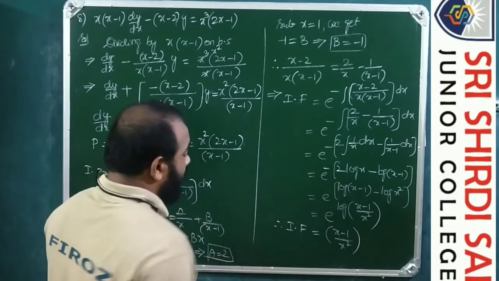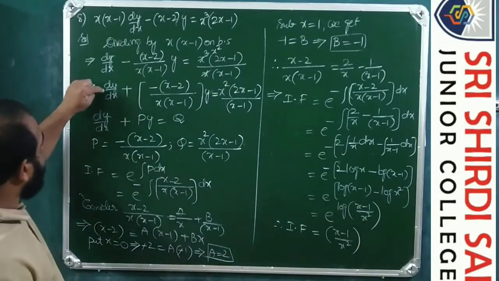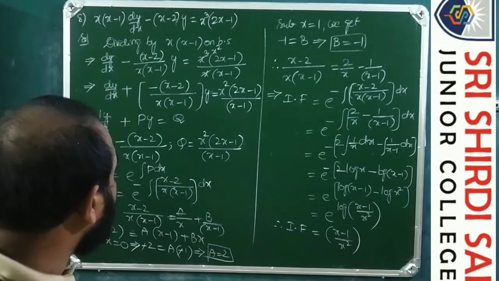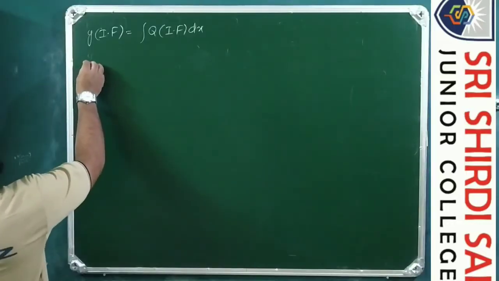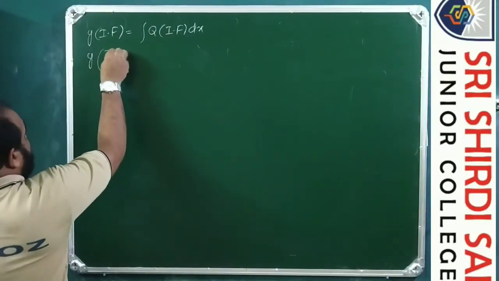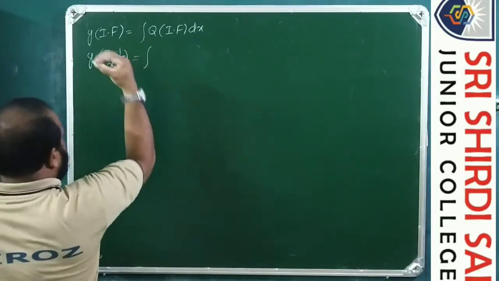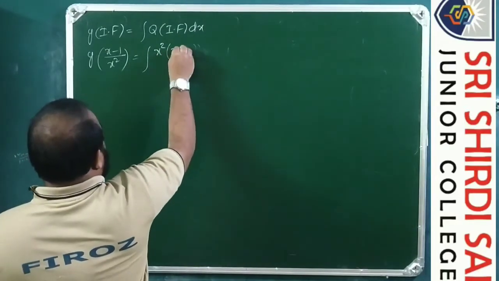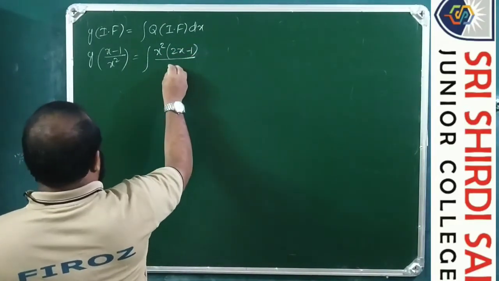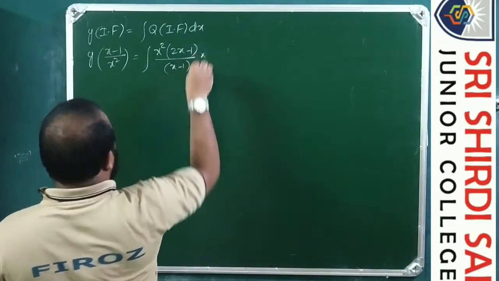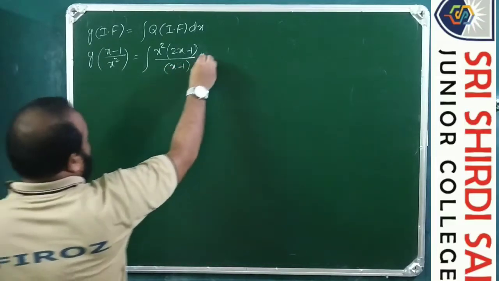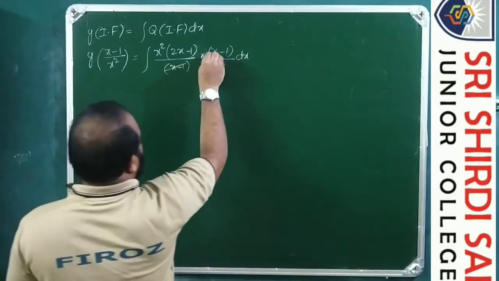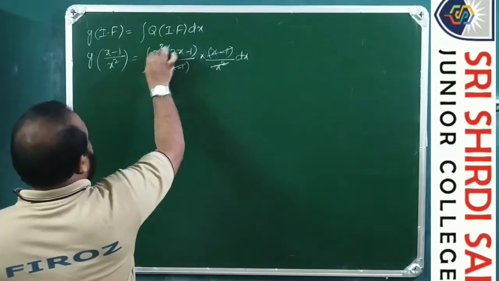Now the general solution is y into integral factor is equals to integral q into integral factor into dx. So y into integral factor x minus 1 by x square is equals to q value we got earlier to be x square into 2x minus 1 by x minus 1 into integral factor x minus 1 by x square into dx. This x minus 1 gets cancelled, x square gets cancelled.